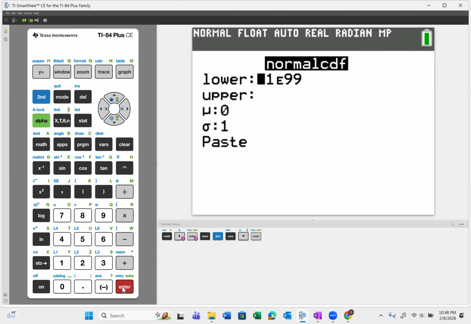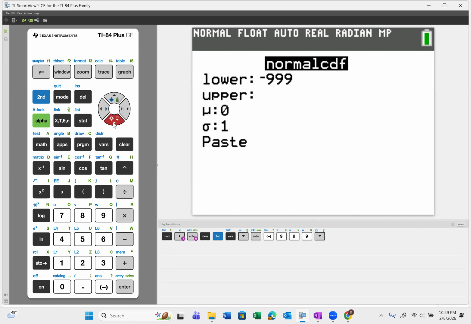And this calculator gives you a little bit of a builder where you can put in your lower bound and your upper bound. And so if we're running that first microwave, I want to generally look from negative infinity up to that z-score.